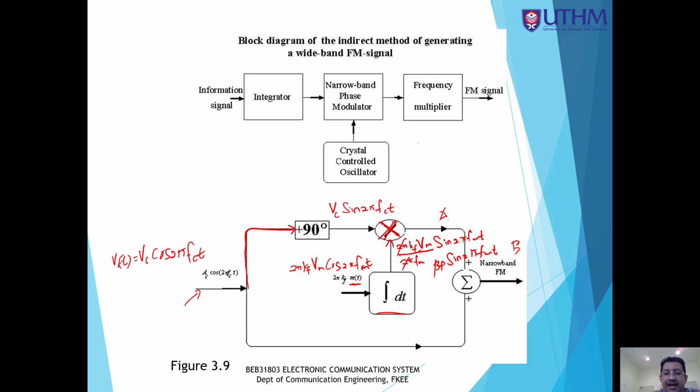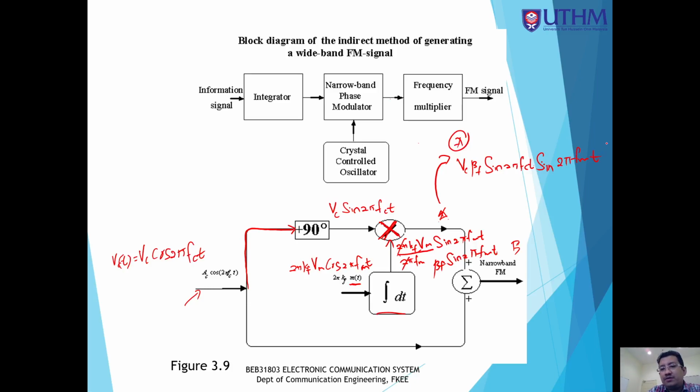The symbol X here means that it will do the process of multiplication: the carrier multiplied with the input message signal, sine multiplied with sine. So at point A, the output of the narrowband phase modulator is equal to Vc beta f sine 2 pi fct sine 2 pi fmt.